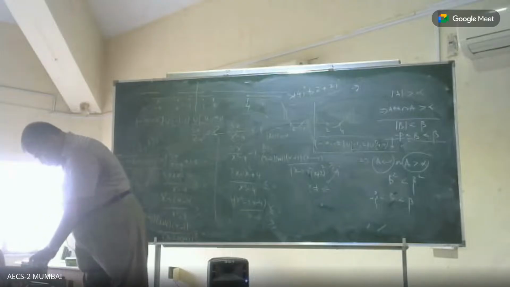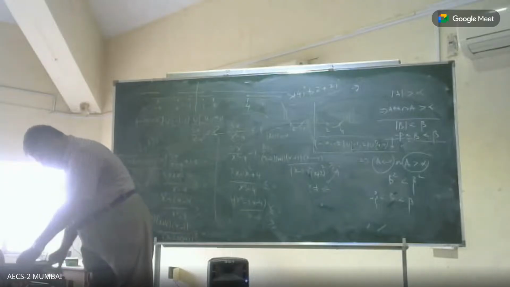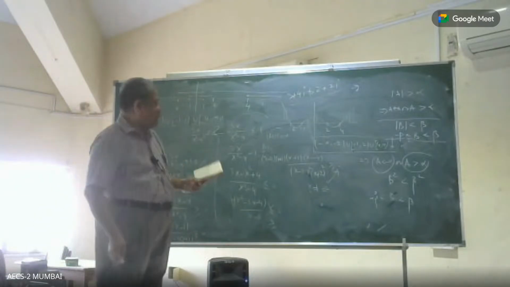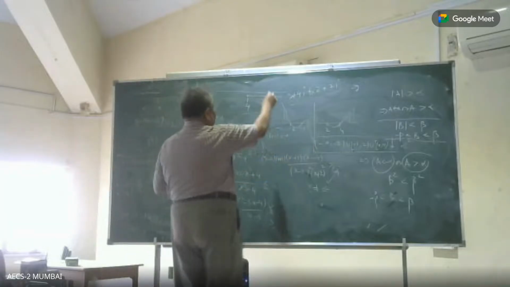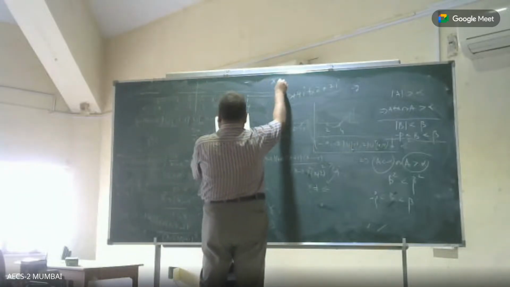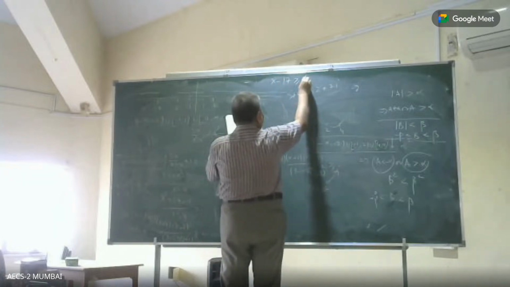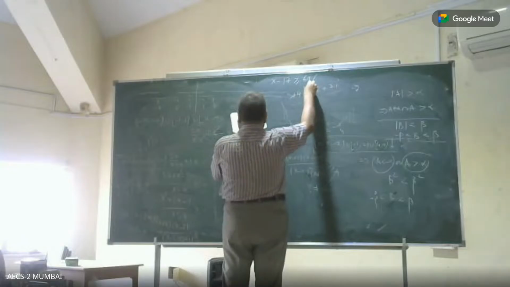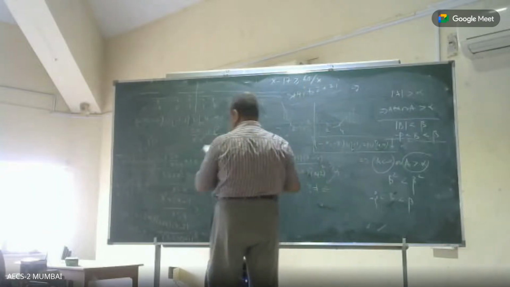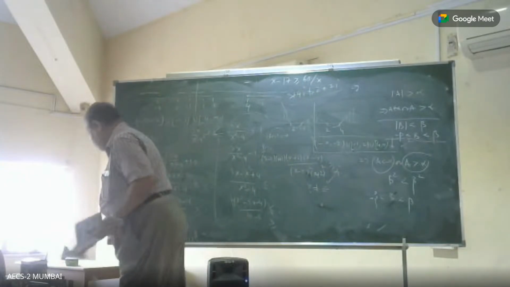Okay, so yeah, you can do one good one. This question is x minus 17 is greater than 60 upon x. Yeah, this question. Then I'll drop out.